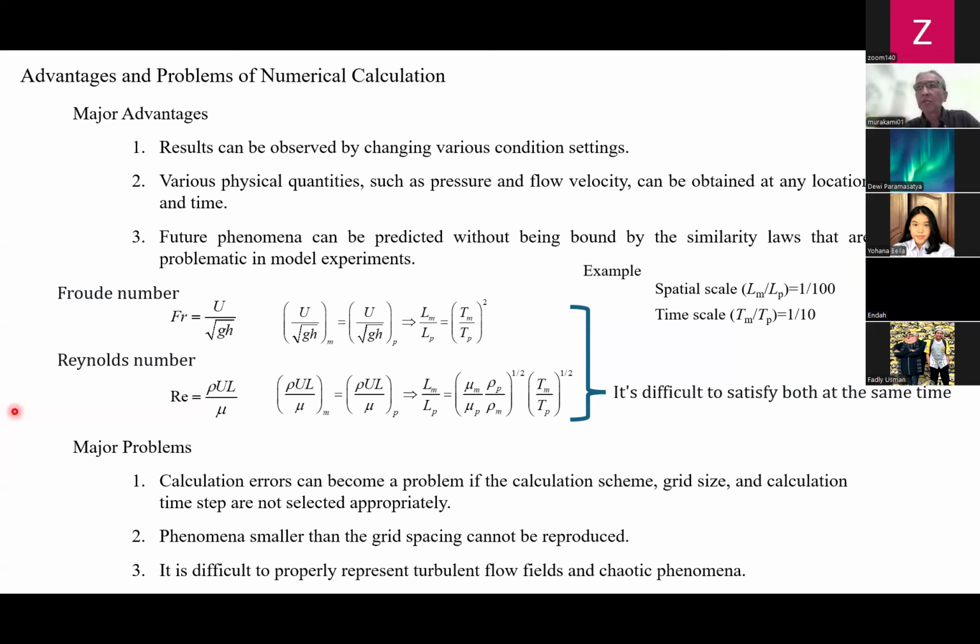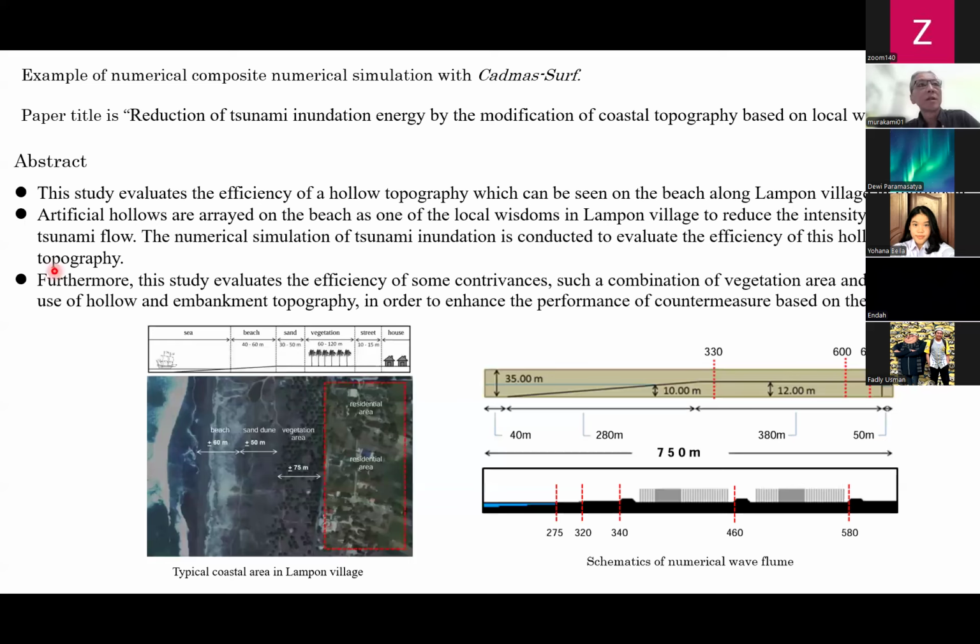Okay, so far I have talked about the numerical calculation based on the long wave theory. Next, I'd like to talk about a different type of numerical calculation. Okay. Here I will introduce a simulation using a calculation package called CADMAS.